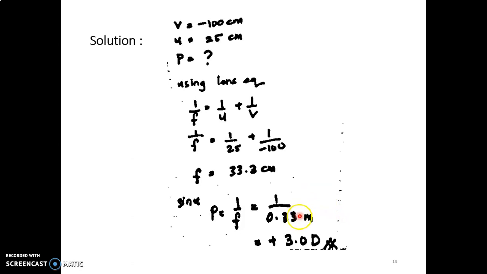Remember, focal length must be in meters if you want to find the power. So the final answer is positive 3 diopters. Positive here represents that it will use a converging lens due to the far-sighted problem.